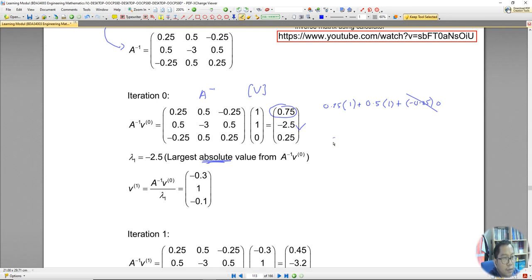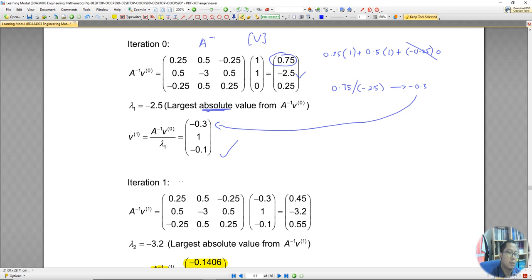So 0.75 divided by negative 2.5 is equal to minus 0.3. The rest is the same process: this one is 1, and this one is minus 0.1. So you already get the current eigenvector.